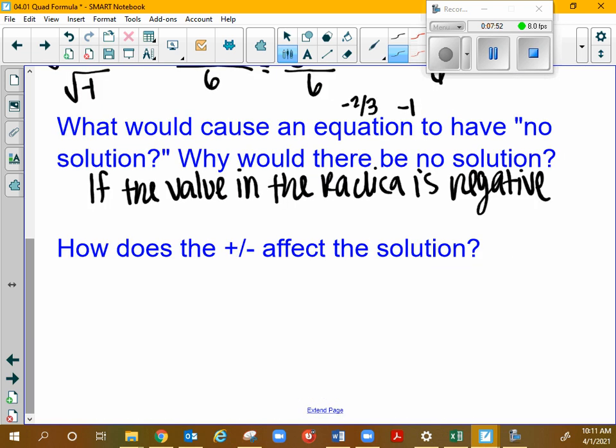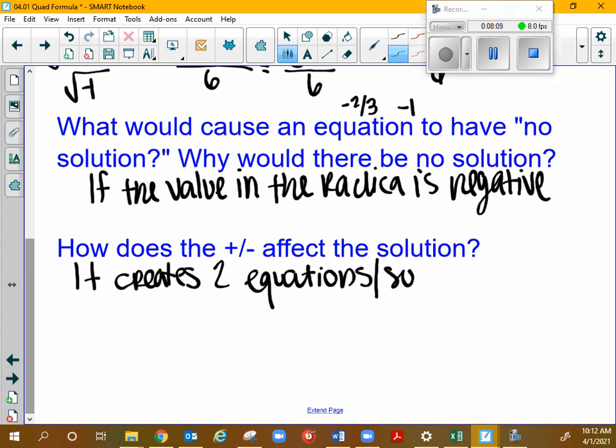How does the positive negative in the formula affect my answer? It gave me 2 solutions. It separates it into 2 different equations, just like solving most square roots.